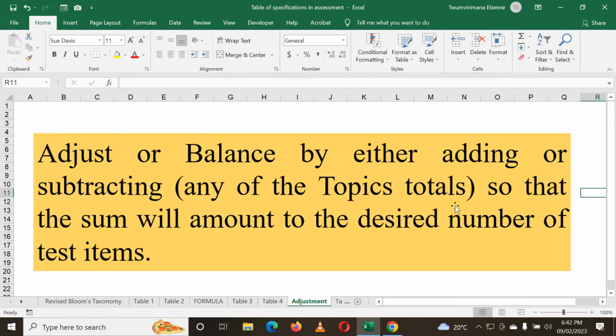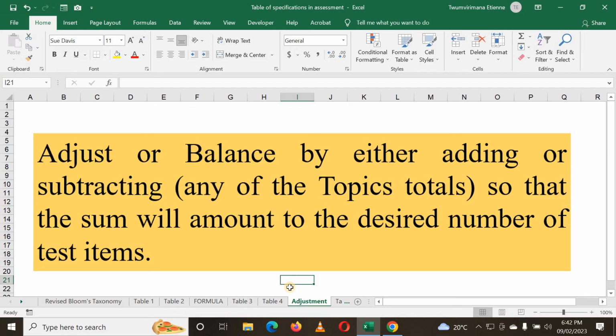Adjust or balance by either adding or subtracting from any of the topics' totals so that the sum will amount to the desired number of test items. If you have 50 questions to be put in your paper, the number of questions you found to be asked on every topic must not be greater than 50.